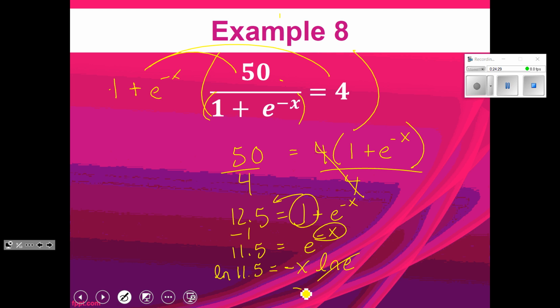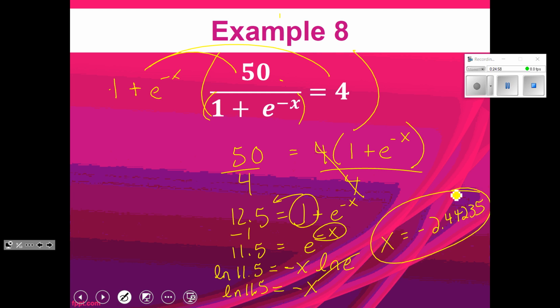They cancel, and you get negative x equals the ln of 11.5, and you put that in your calculator. And then how do I get rid of the negative? Divide by negative 1. So x is going to equal negative 2.44235.